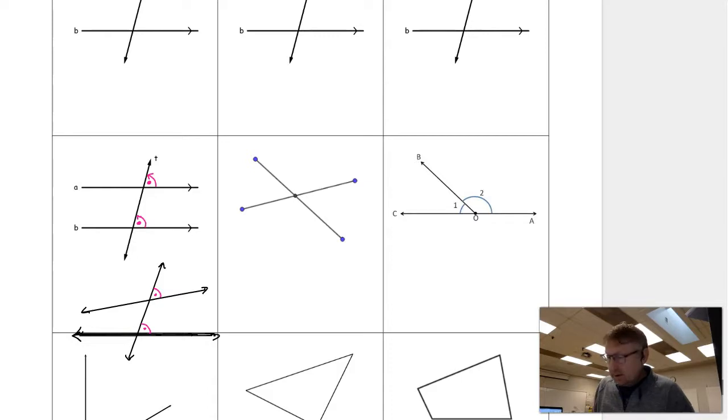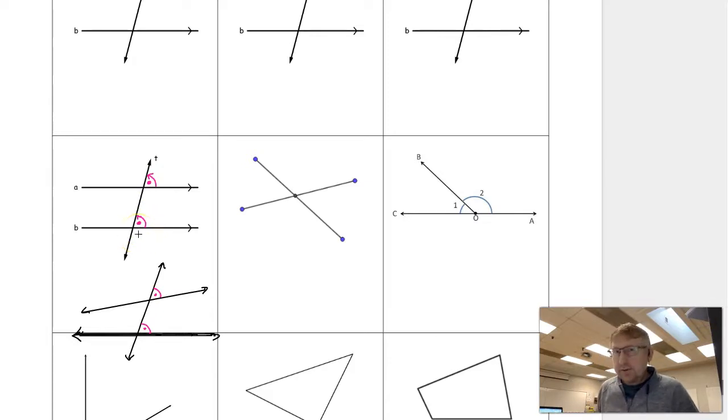Fair enough? When the lines are parallel, our brains will trust it. This has to be the same size as this one. When the lines are not parallel, our brains also go, this angle here is way bigger, this angle here is way smaller. They just aren't the same size, it's not going to work. So I use this as a counterexample to try to prove that you're right, this is true. That angle is absolutely the same size as that one.